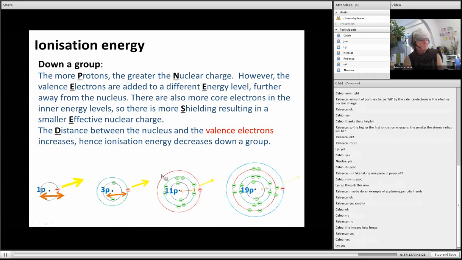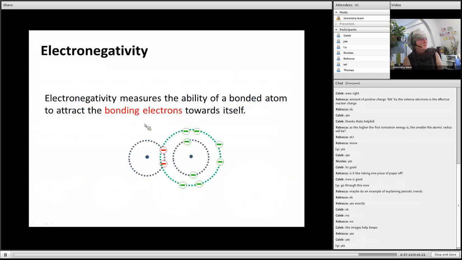Yep. So electronegativity, this is the last type of thing you need to know. Now, you're not talking about valence electrons anymore, you're going to be talking about bonding electrons. Because the way we talk about electronegativity, it's a property of a bonded atom, so it depends on the element, okay, not the molecule.